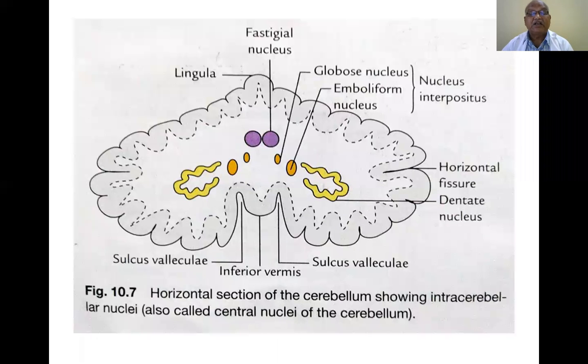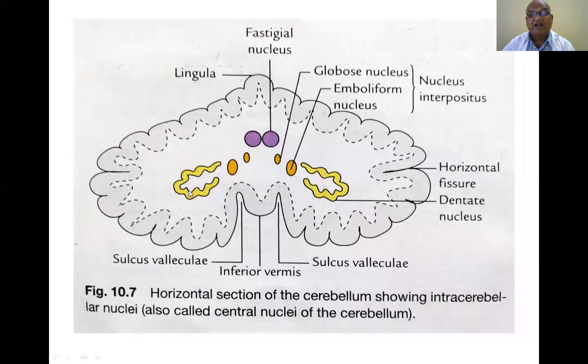You see, this is the gray matter. This is the white matter. This is the dentate nucleus. This is the emboliform nucleus. This is the globose nucleus. These two are called interposed nuclei. This is the fastigial nucleus. So this is the white matter of the cerebellum, and these nuclei are present in it.